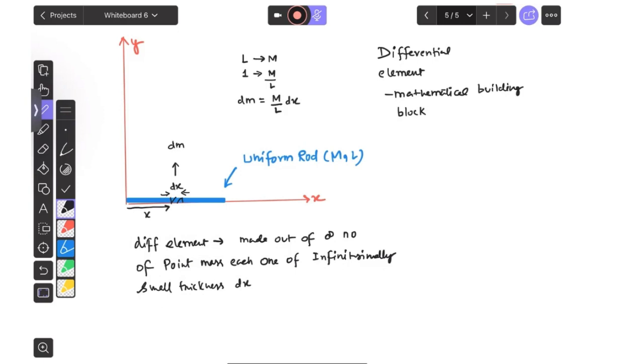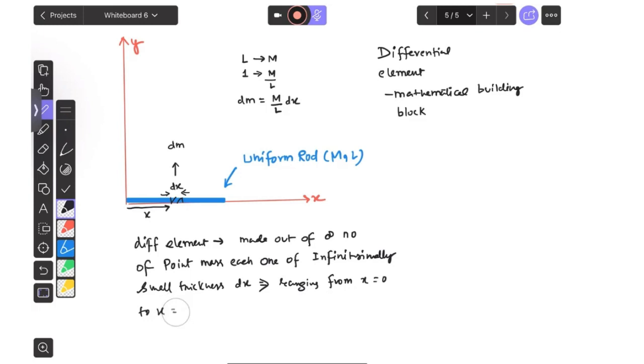Everyone is of equal but very, very small thickness dx, and from where to where this mass is going to be, I could write down as ranging from x equals 0 to x equals L.